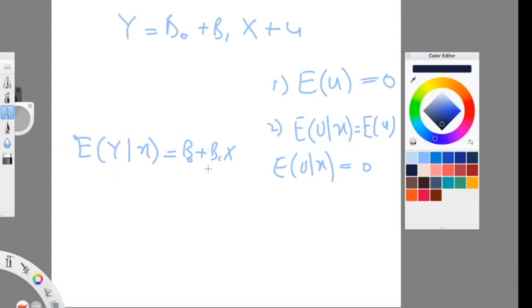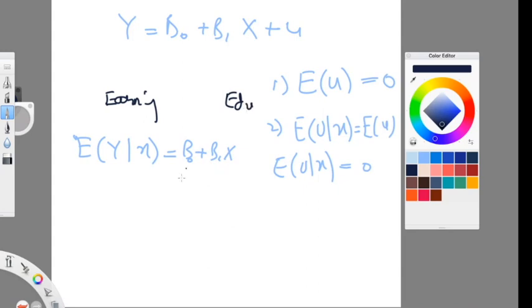If, for example, y in this case was earning, and x was education.